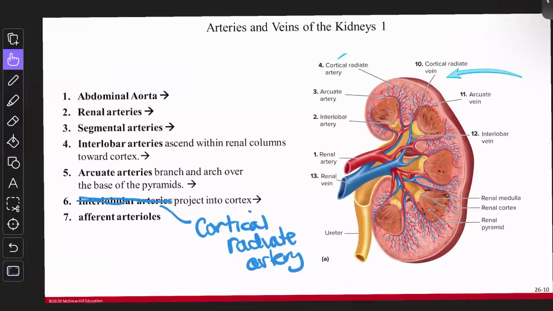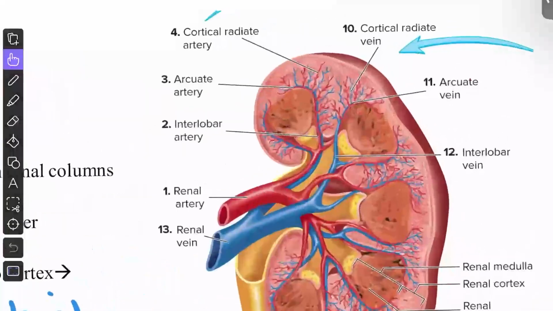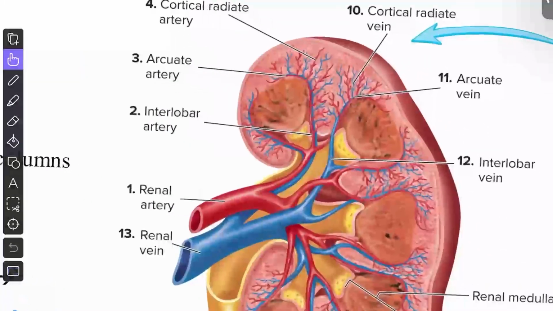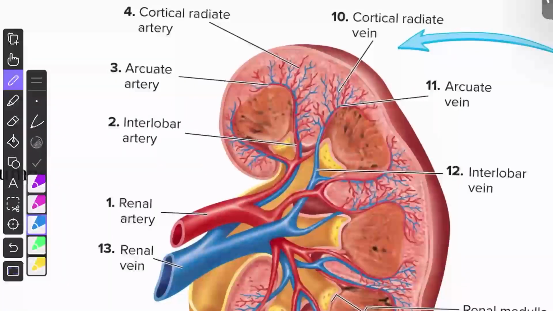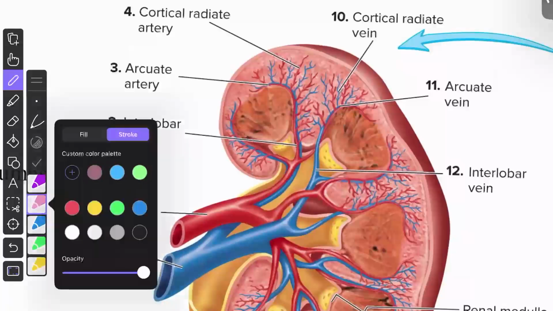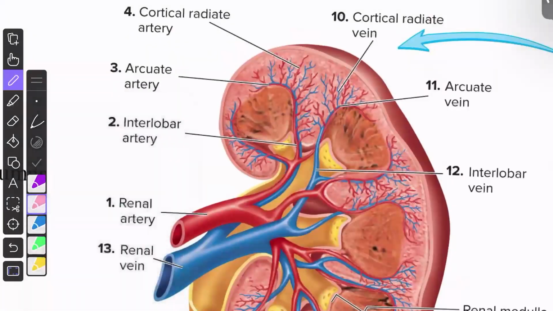All right. So we start with the abdominal aorta. The abdominal aorta brings blood in through the renal artery. And the renal artery will then split off into segmental arteries. They're not labeled on there, but that's what they are.